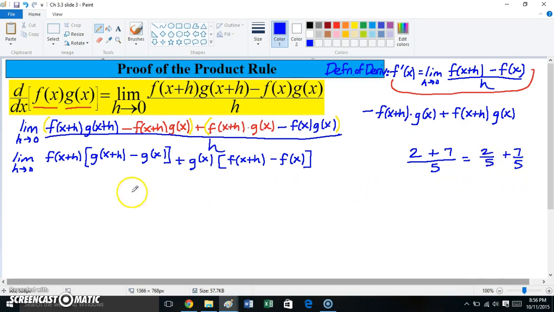So what I'm going to do is say I have two fractions I'm adding together. The first fraction is here, and the second fraction is here.